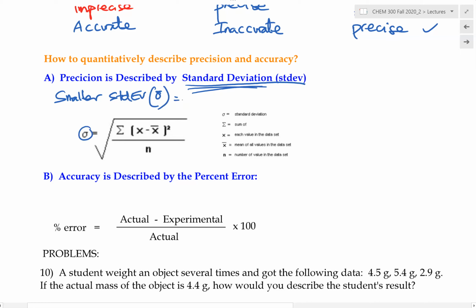The smaller the standard deviation, it means that the data do not come far away from where we aim at. So therefore, it would be more precise. And the equation to calculate the standard deviation is listed down here. Okay, so the smaller the standard deviation, the more precise the set of data would be.